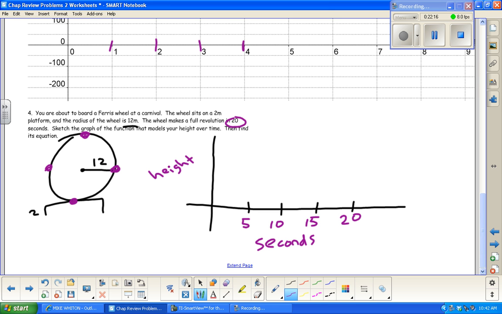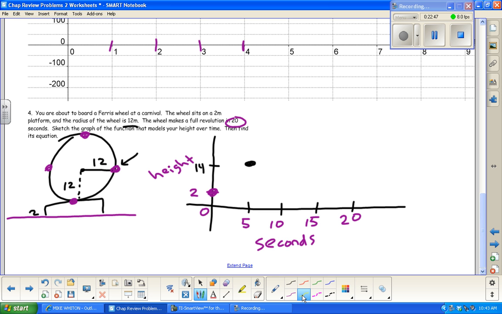Okay, so let's get our heights now. We can throw 0 on there too. When we first start, because of the platform, our height is at 2 meters off the ground. Once we get to this point, which is 5 seconds, 1/4 of the way around the circle, think of this radius is 12, so we're 12 meters plus the platform was 2, so we are up at 14 meters tall at that point.